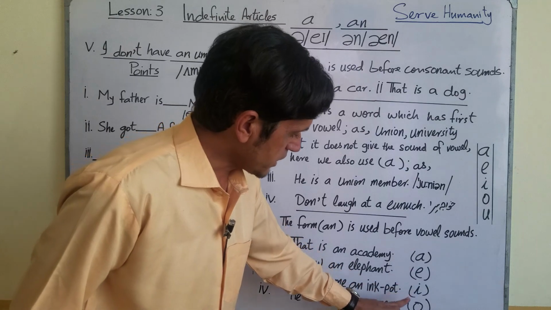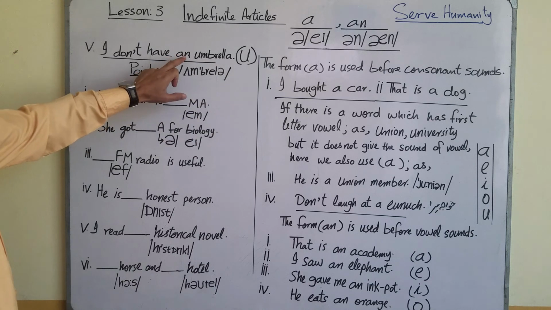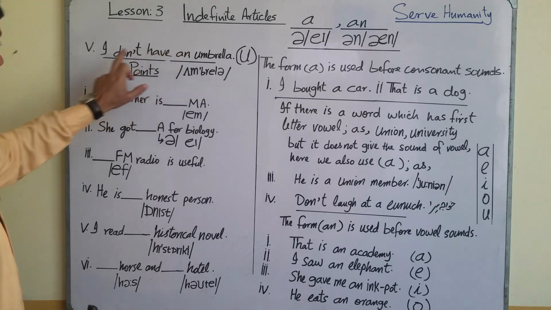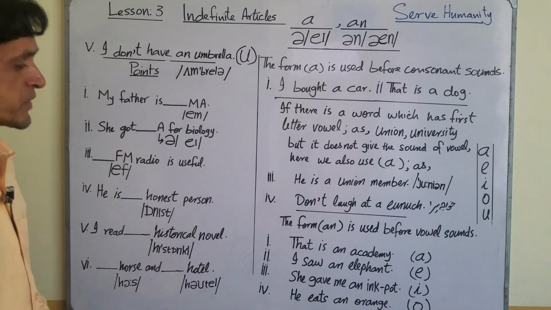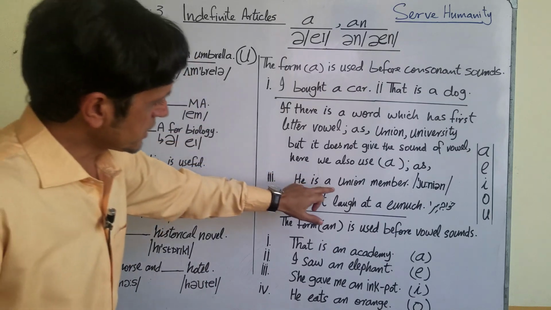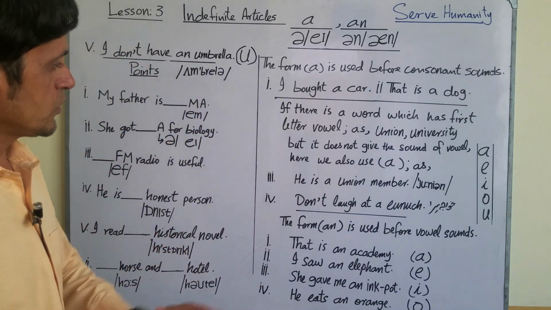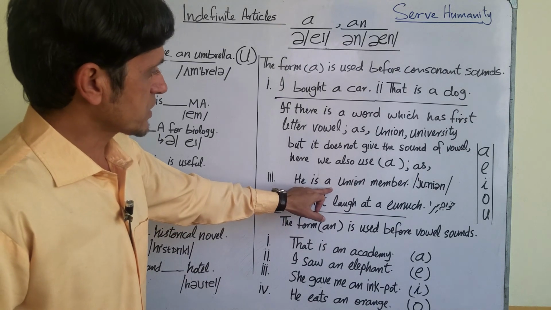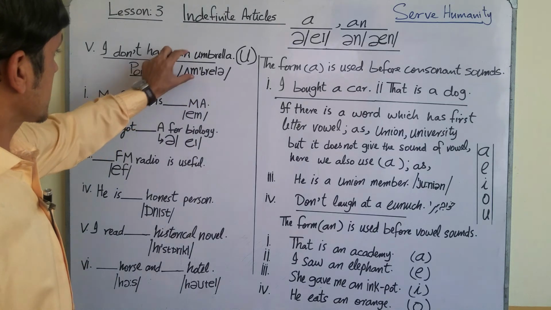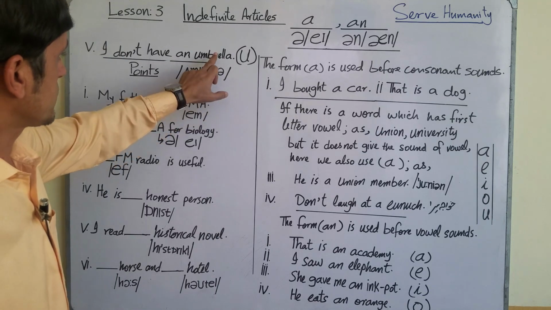So A, E, I, O, and this is U. I don't have an umbrella. So I have written here U is a vowel, and we write an here. Now you will be a little confused: here is U and we have written an, but there is U and we didn't write an. Why? As I told you, in phonetical form union does not give the sound of a vowel, it gives the sound of a consonant. But umbrella in phonetical form gives the sound of a vowel. You look at this, this is the phonetical form of umbrella.